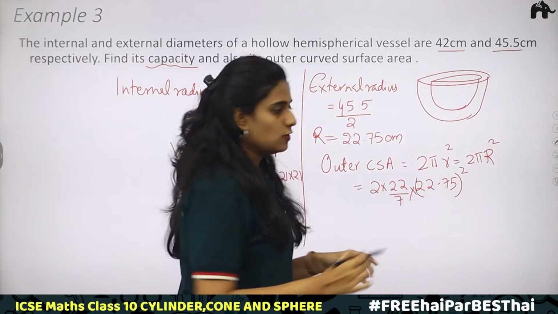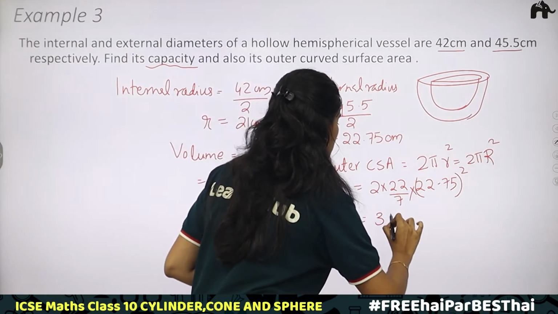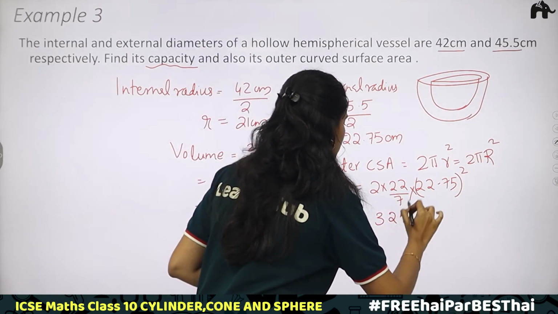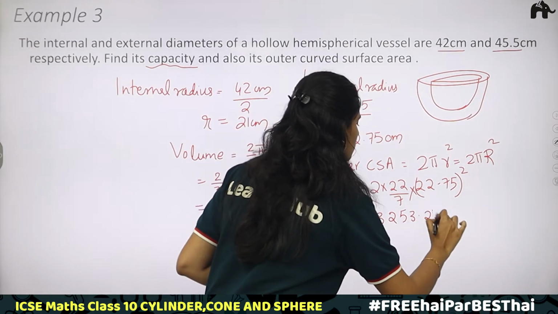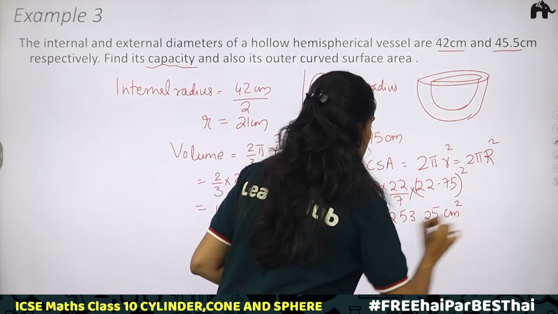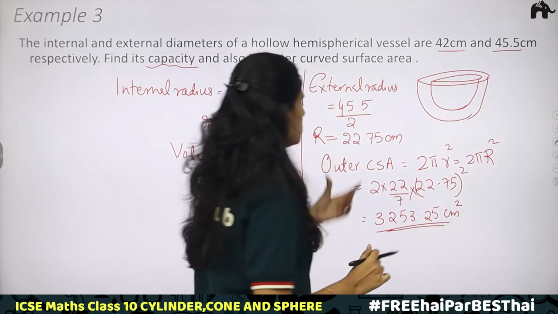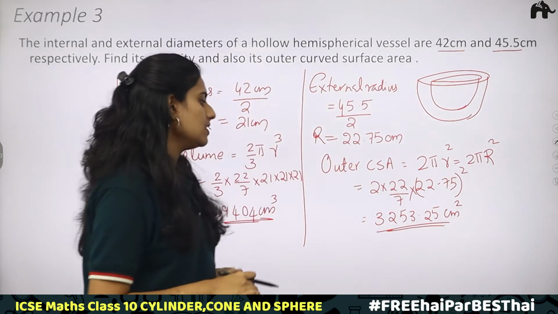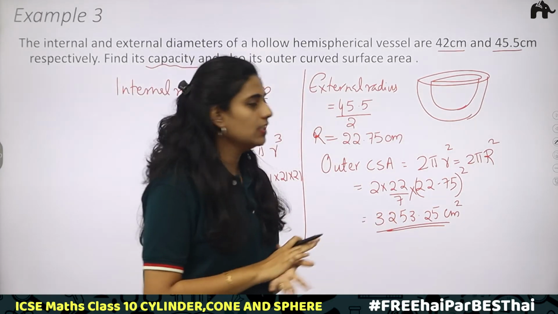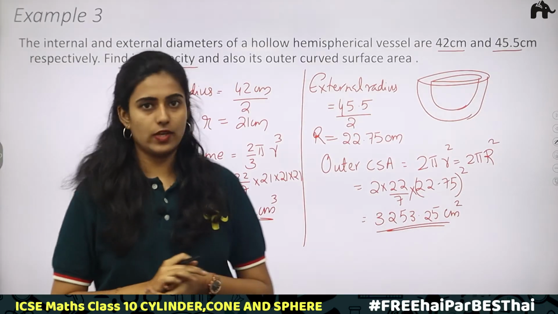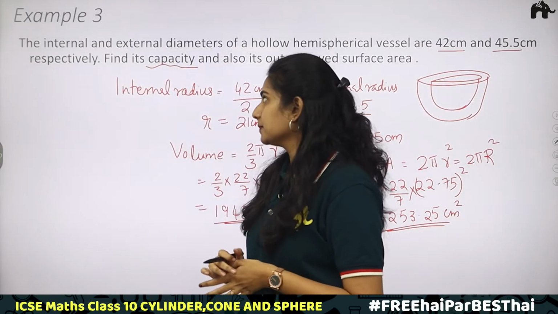When you calculate this, you will be getting 3,253.25 centimeter square. Okay, so outer curved surface area is 3,253.25 centimeter square. Okay, clear?